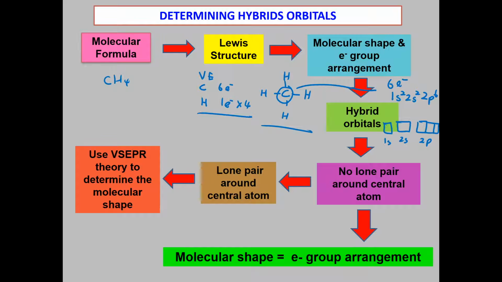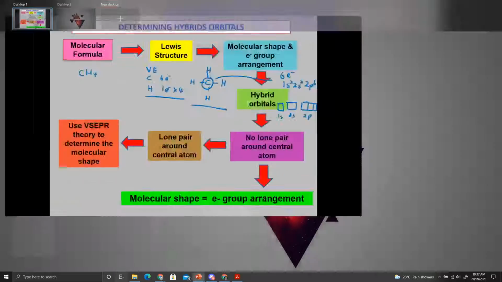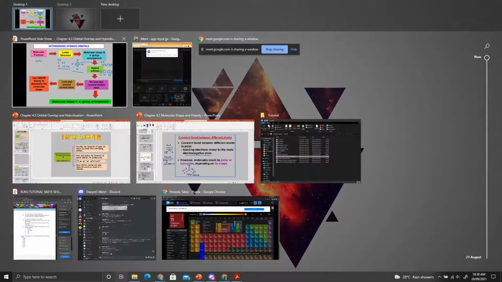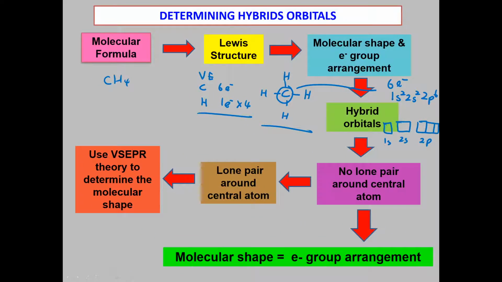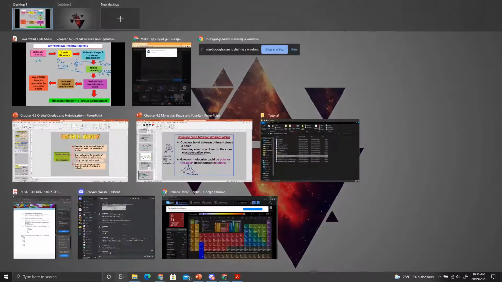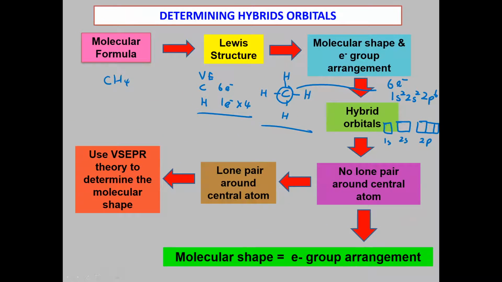Carbon bukan 4 kah? Carbon bukan 4 kah? Carbon ada 6 kan? Ada 8 ke? 4. Valence ada 4. Carbon group berapa? 14. Oh ya, yeah, carbon ada 8. Betul.